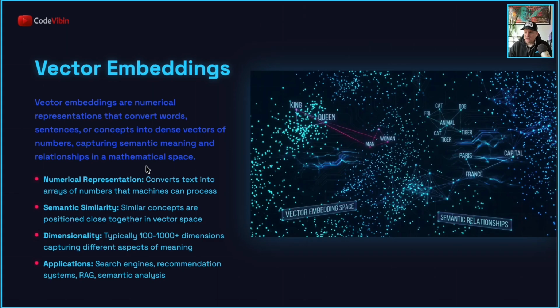Dimensionality: typically 100 to 1000 plus dimensions capturing different aspects of meaning. And applications: search engines, recommendation systems, semantic analysis. And so again, it's like a universe we're looking at, literally, in the picture. It's basically getting the reasoning and the information that it needs to tap into when it's doing its deep research.